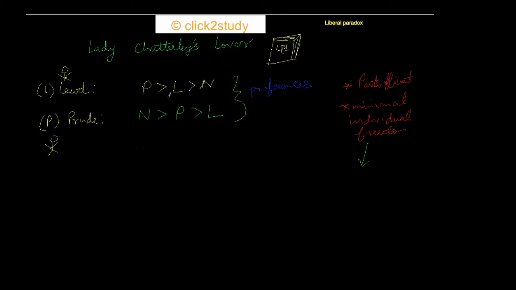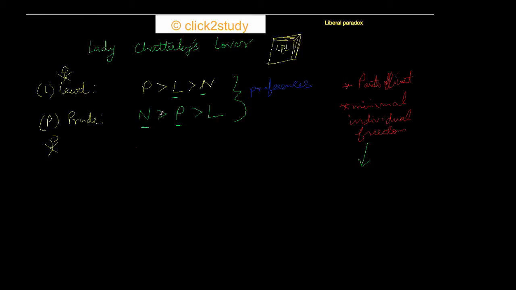For example, the choice is Lewitt versus nobody, or nobody versus Prout. If that is the choice, then we have to let the choice of that individual dominate, because that's his personal freedom, because it's the choice between his choice and whether he wants to read the book, whether he should be allowed to read the book, or nobody reads the book.